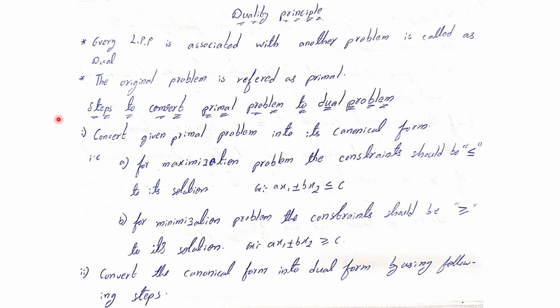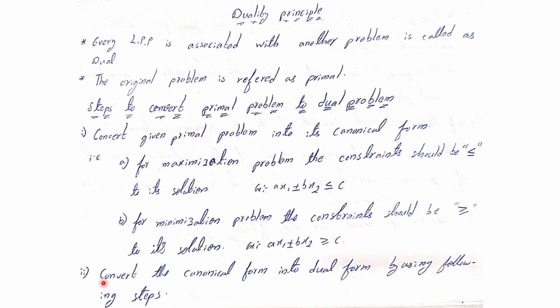That is, for maximization we take the less than or equal to symbol. Same as for a minimization problem, for the x1 and x2 constraints, we should take greater than or equal to. That means ax1 plus or minus bx2 should always be greater than or equal to c. These are the canonical form conditions.